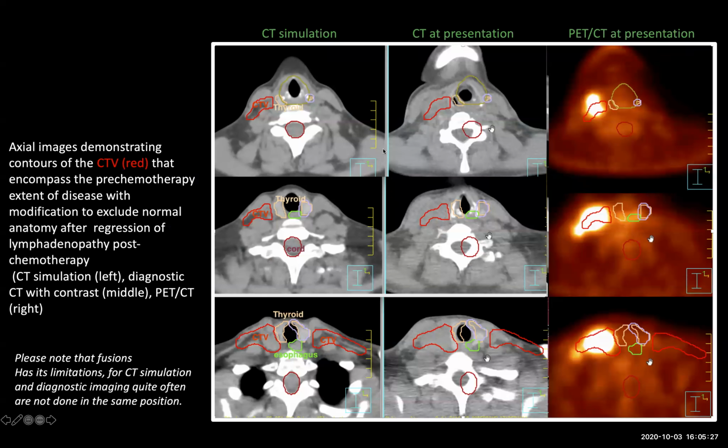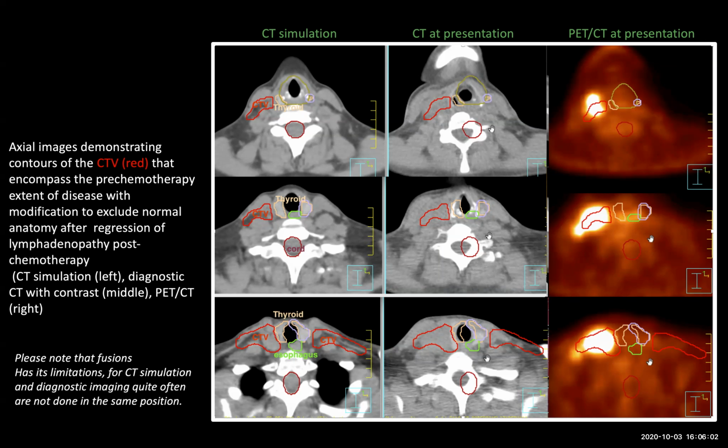These are axial images where we've used the pre-chemo CT and the pre-chemo PET scan. Again, it is important and helpful to fuse these studies, but at the same time, it could be challenging to correlate the difference in the arm position, since we do the PET scan arms up, and we end up doing the CT simulation arms down.